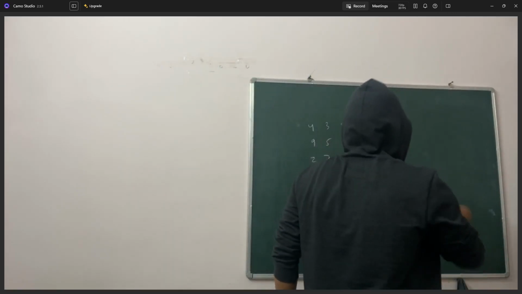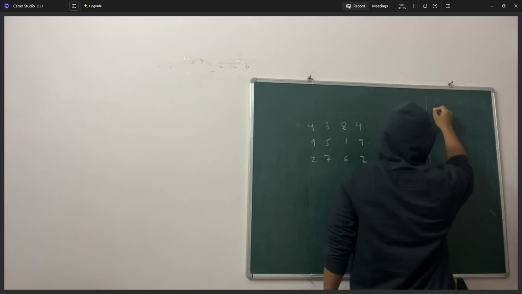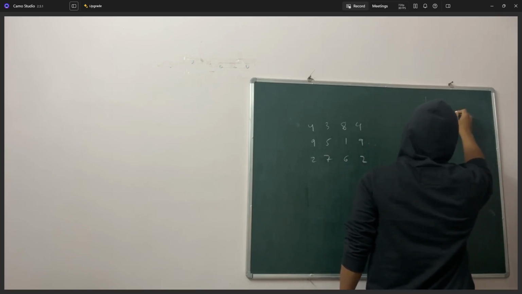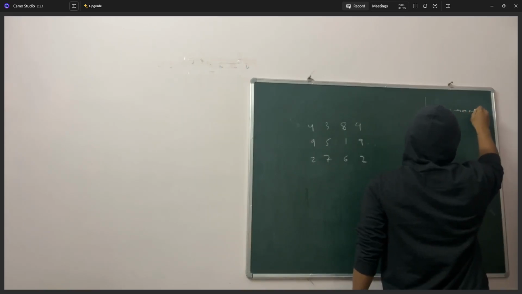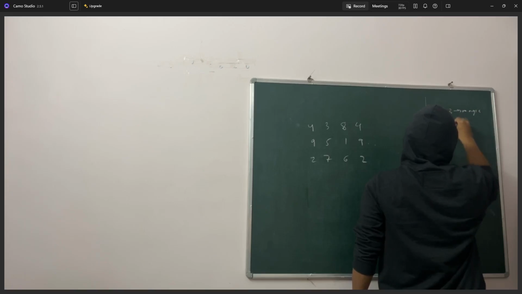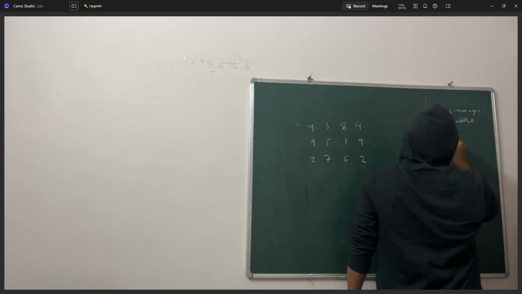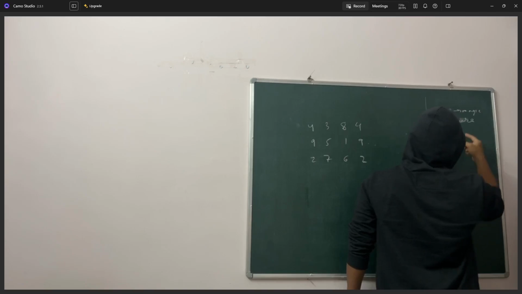So in the problem statement, what they have said is a 3 cross 3 magic square. Why is 3 cross 3 a square?